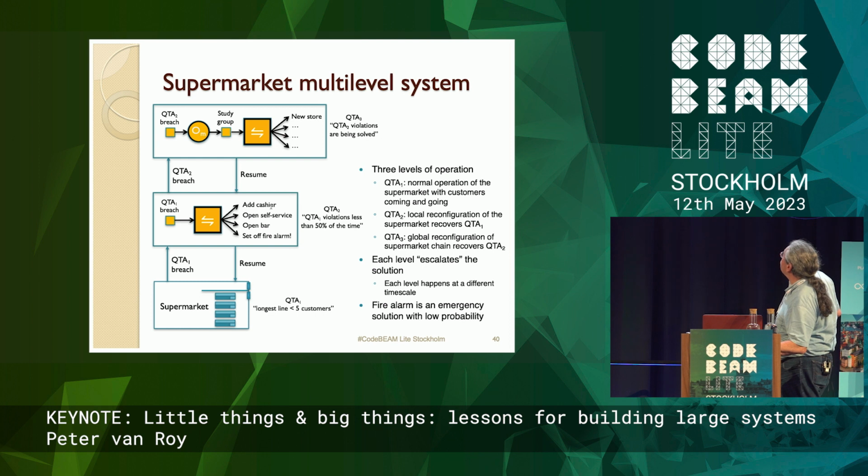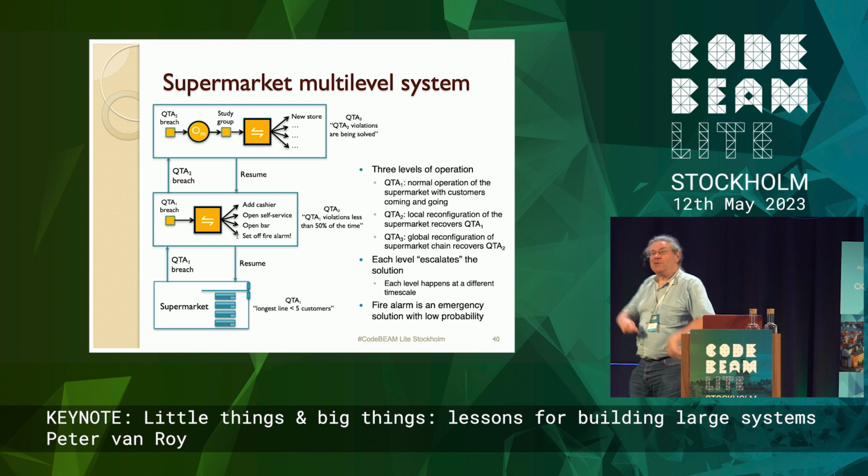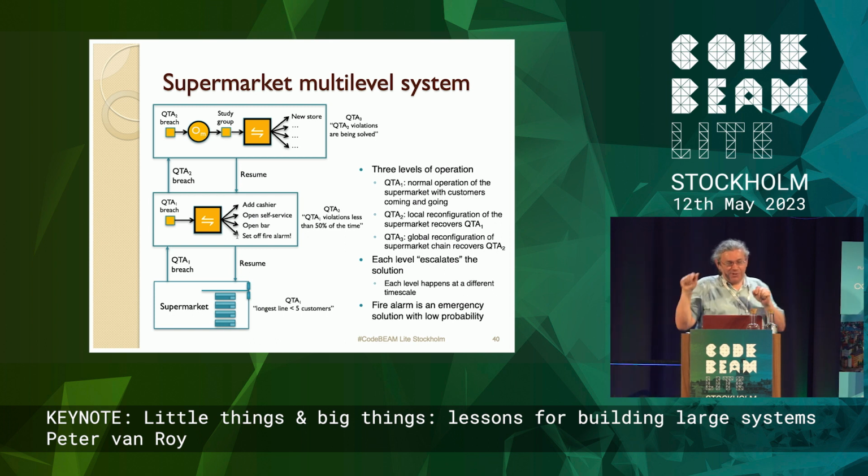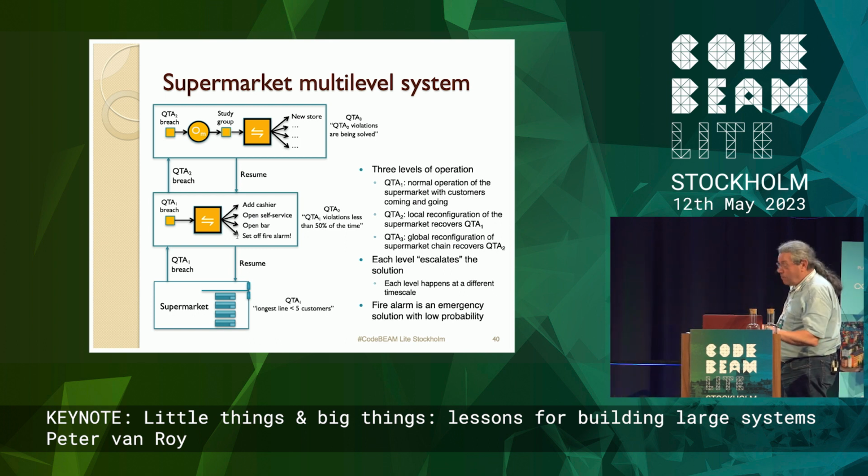So there's a human usually who acts here. What can you do? You open another cashier station, you open a self-service, you open the bar, you set off the fire alarm, everybody runs out, solves the problem, right? Usually you don't want to do that. But maybe that's not enough. Even doing that, you have a problem. Well, then it becomes kind of a global problem.